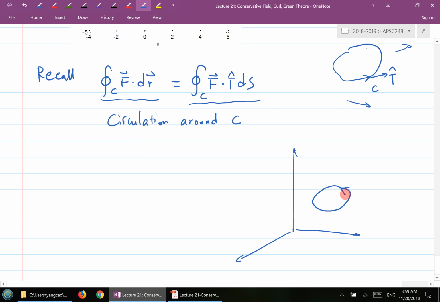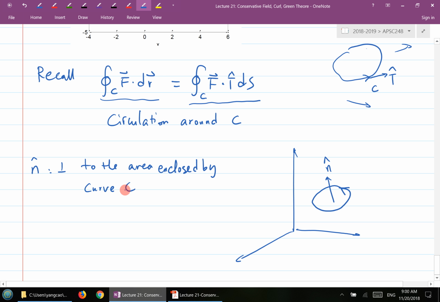So I will use another vector here, let's call it n hat, to represent its orientation for that closed curve C. The n hat is perpendicular to the area enclosed by curve C. Good.